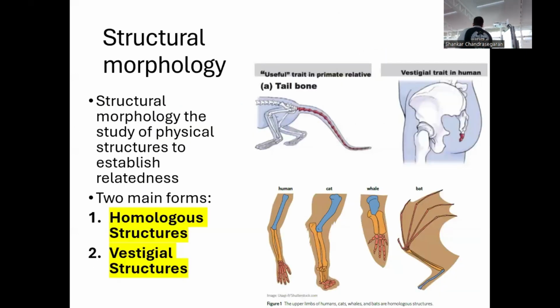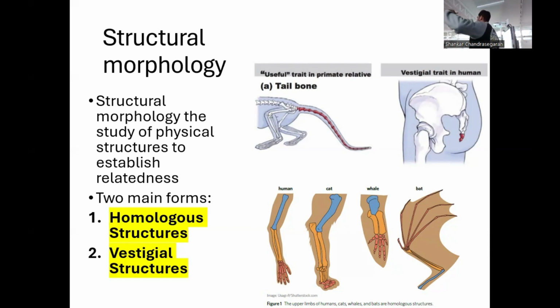So structural morphology, this is basically looking at the physical structures between two different species and trying to establish relatedness as a result. And there's two forms that you can take. One is homologous structure, and the next is a vestigial structure.